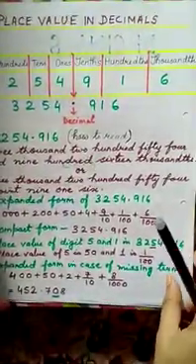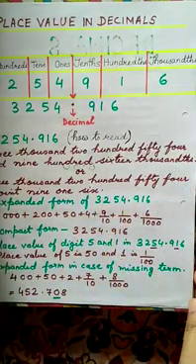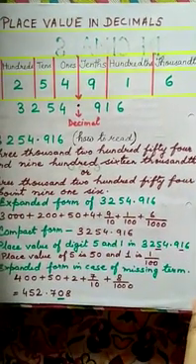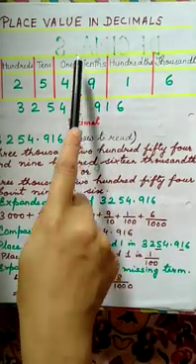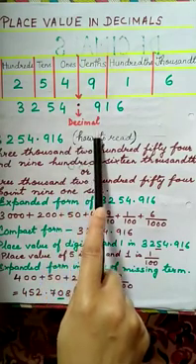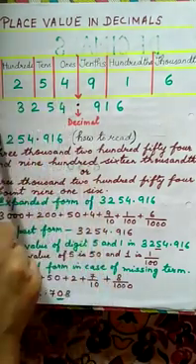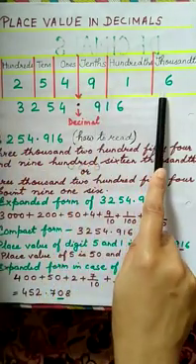Now let us see the place value in decimals. So as I said, in the middle we have a point which is called the decimal point. The left hand side is whole number, the right hand side is the decimal fraction side.